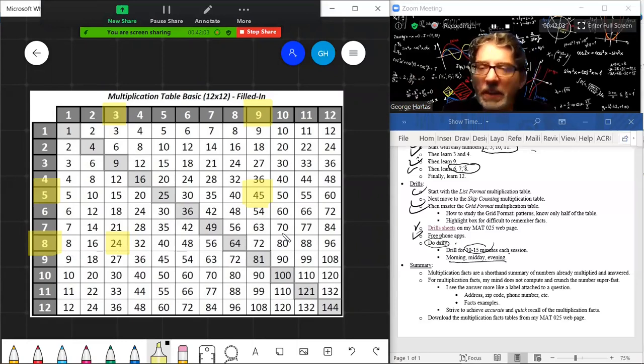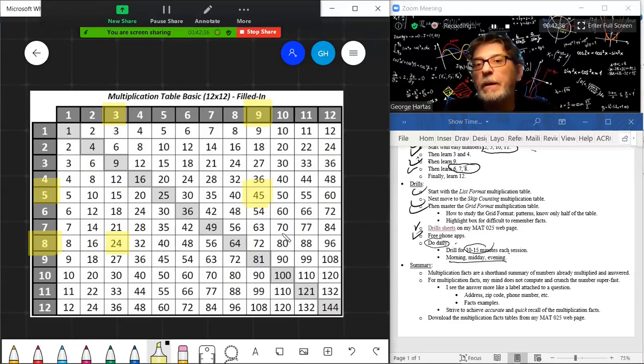I didn't multiply in some super fast way. I think of it as more like a label. I attach to the question 9 times 8 or 8 times 9 the number 72, which I see clearly on the chart right here. So it's an association: I'm associating 9 times 8 with 72.